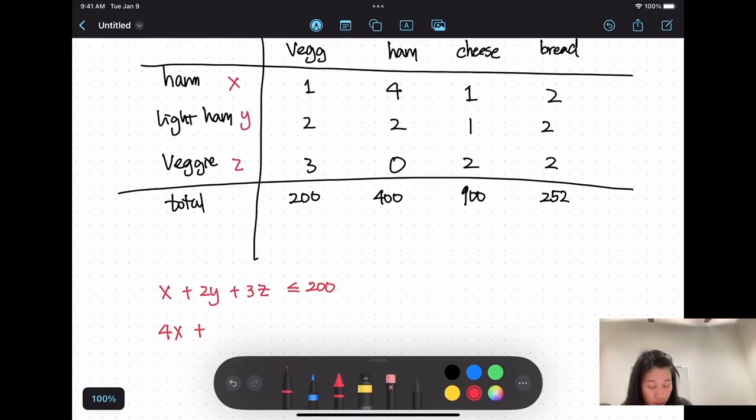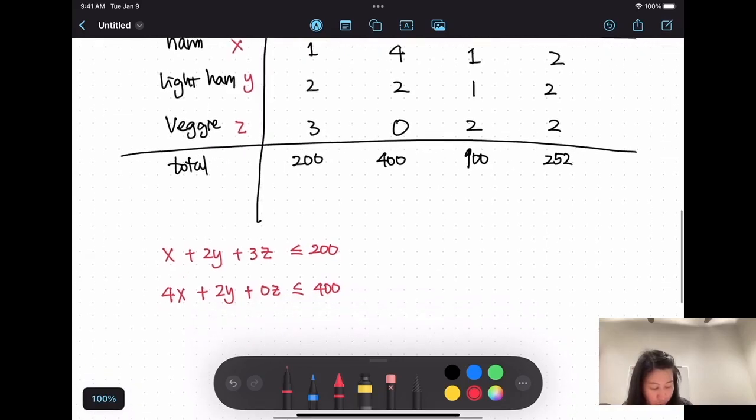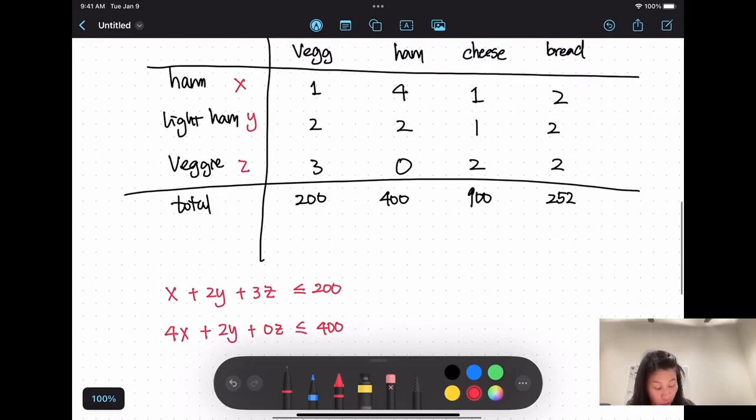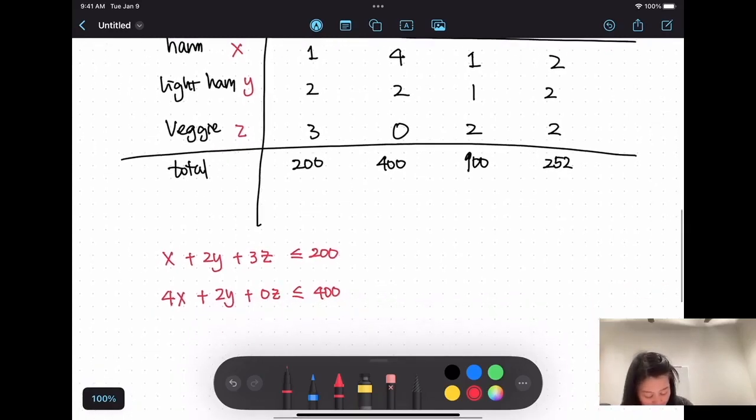Plus the ham that we need for the light ham sandwich, plus 0 for the veggie, less than or equal to the available slices of ham. And then last is the cheese. So we have X plus Y plus 2Z has to be less than or equal to 900.